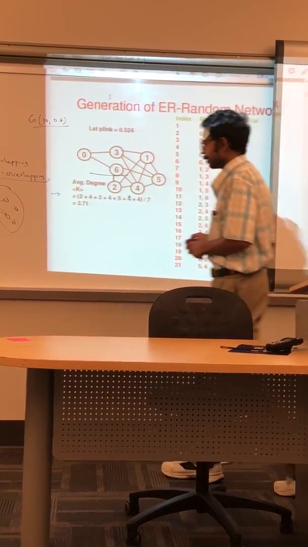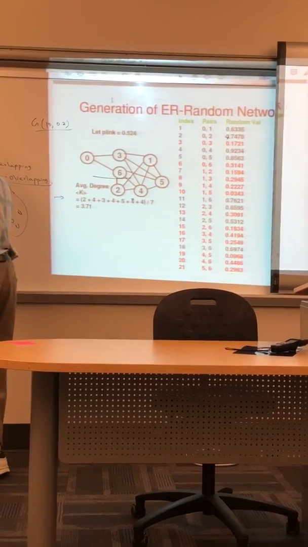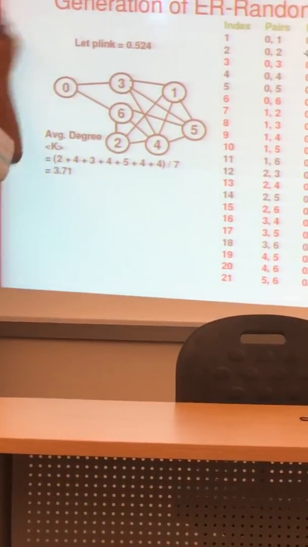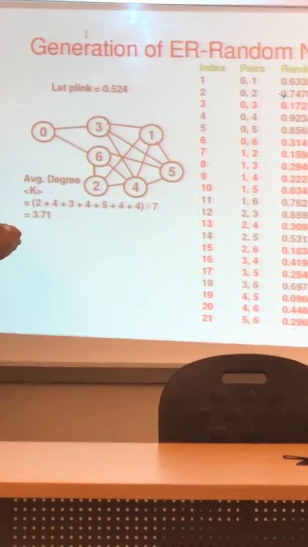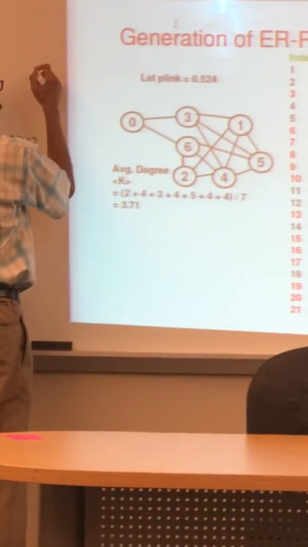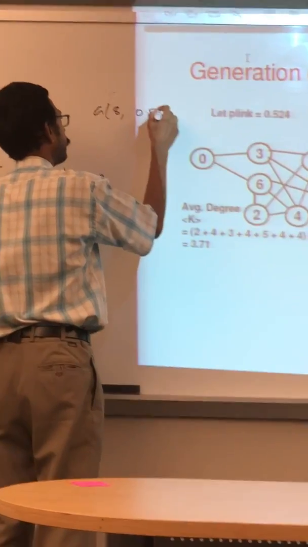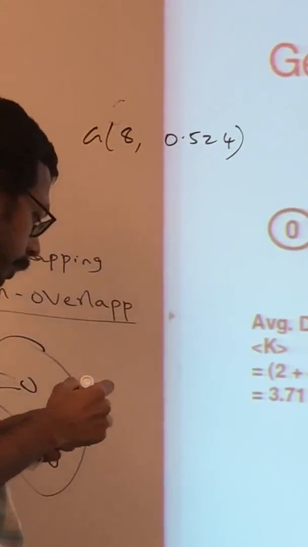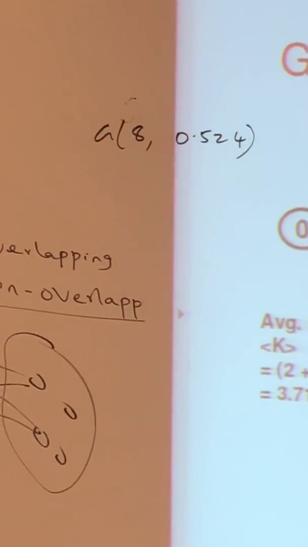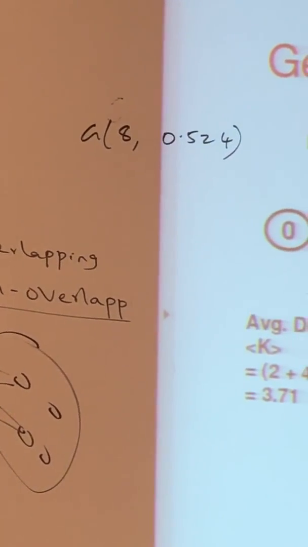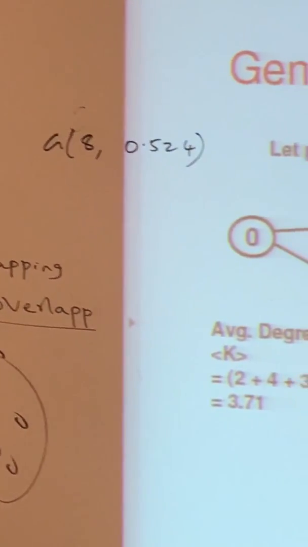Let us take an example. I want to generate a random network of 8 nodes, where 0.524 is the probability for a link between any two nodes. How do we generate something like that?